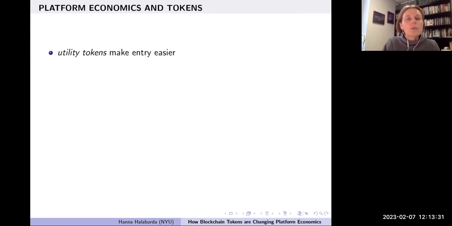Okay. So we will be exploring 2 types of tokens. One type is utility tokens, and the other is governance tokens. What we show in those 2 papers is that utility tokens indeed make entry easier. So if the platform is issuing utility tokens rather than just charging straight out prices, then it's easier for them to enter in the presence of network effects.